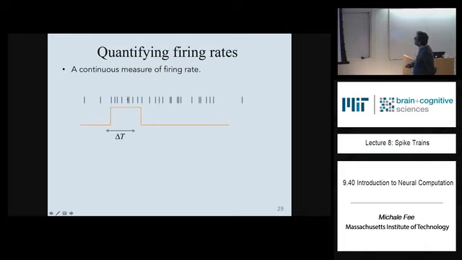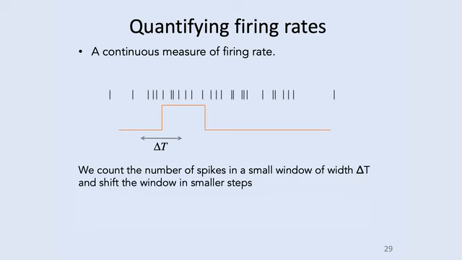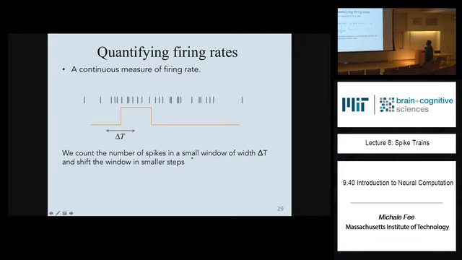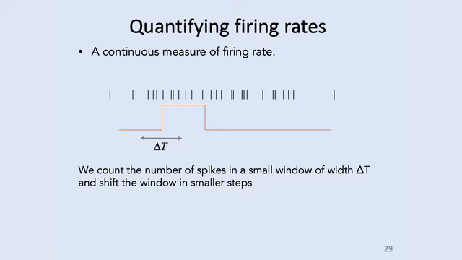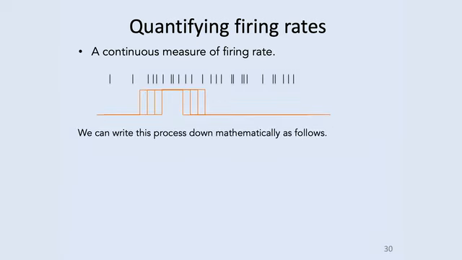One way to do this would simply be to count the number of spikes within that window, and then shift the window over and count the number of spikes, and shift the window over and count again. Now you count the number of spikes in each of those windows, where all the windows have width delta t, but we've shifted them in small time steps. So how can we describe that mathematically?